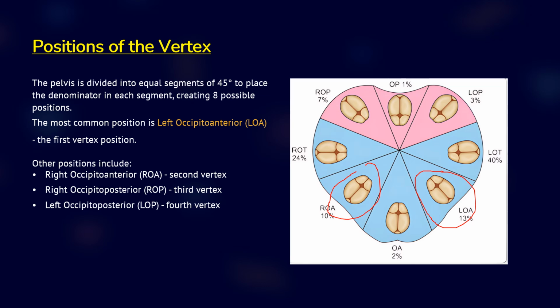Okay, first is the left occipito anterior, second is the right occipito anterior, and then the third one is the right occipito posterior, and after that the fourth position is the left occipito posterior. Okay, so these are the common positions of the vertex.